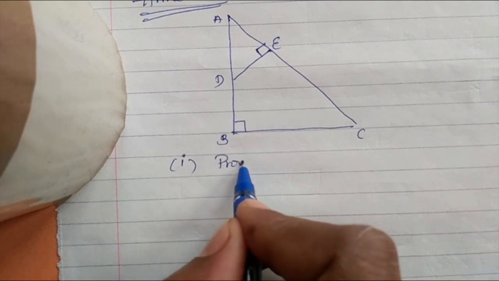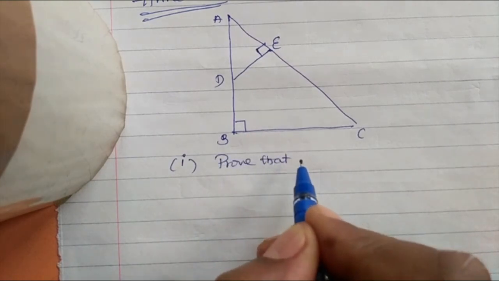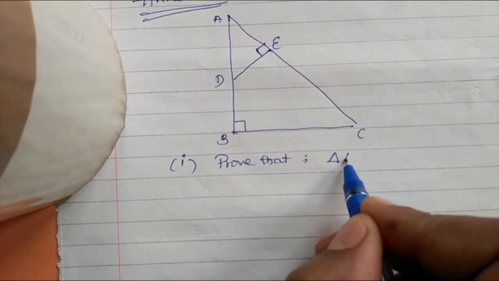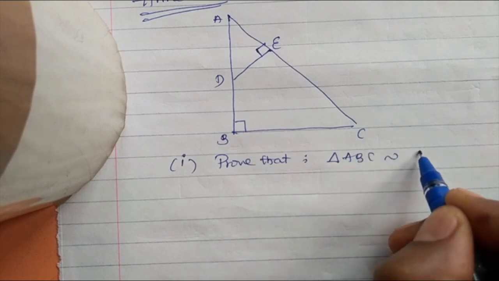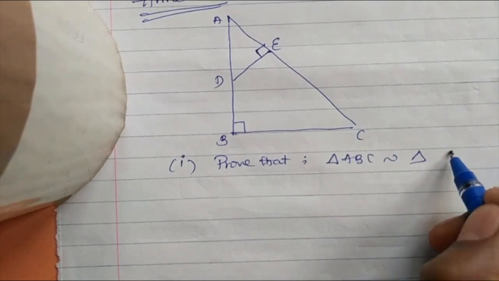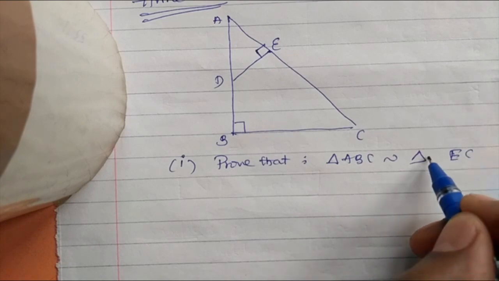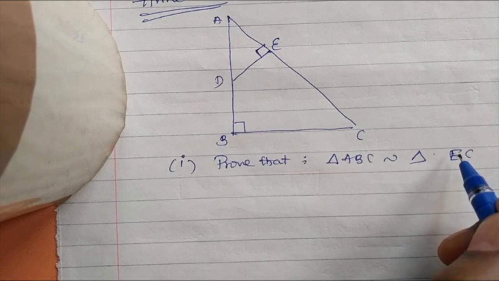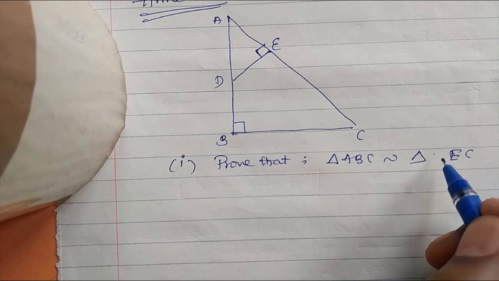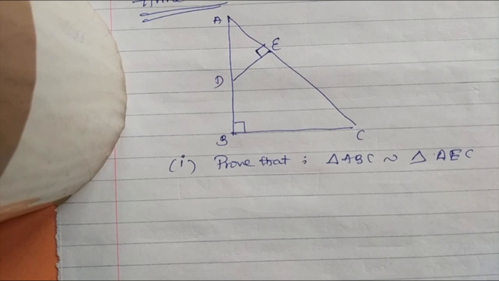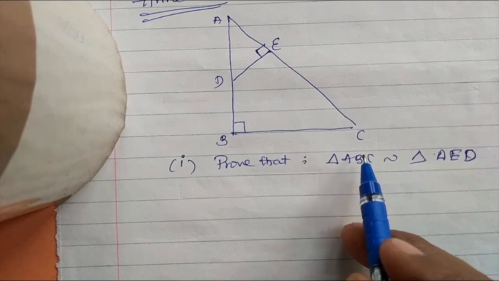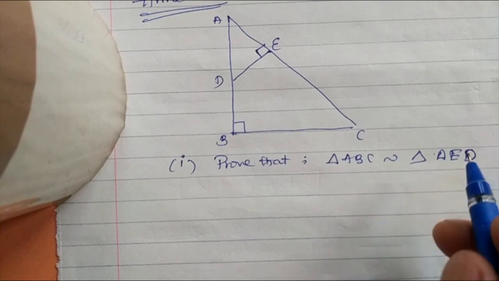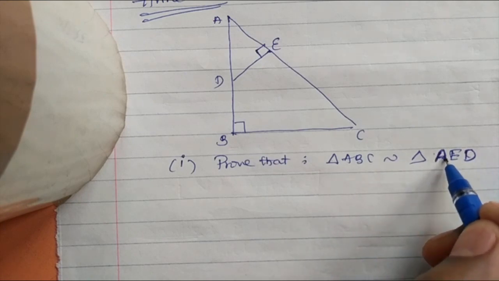First sub question, prove that triangle ABC is similar to triangle AED.